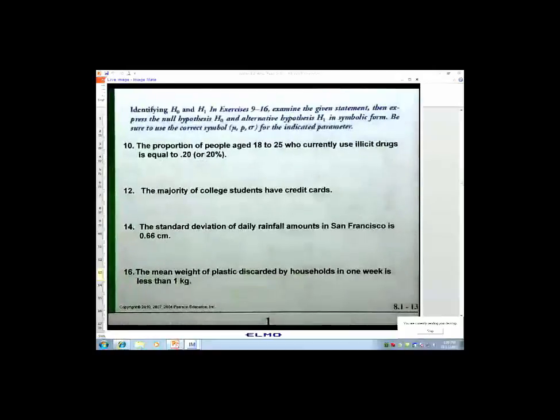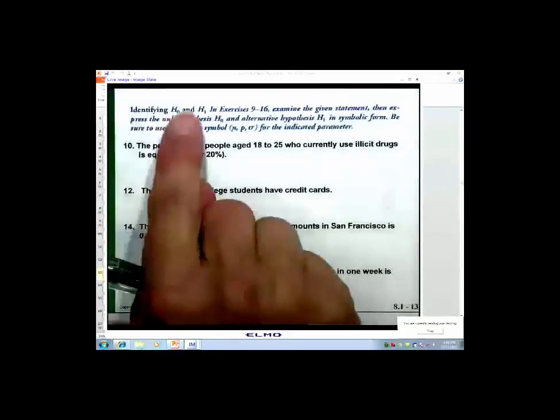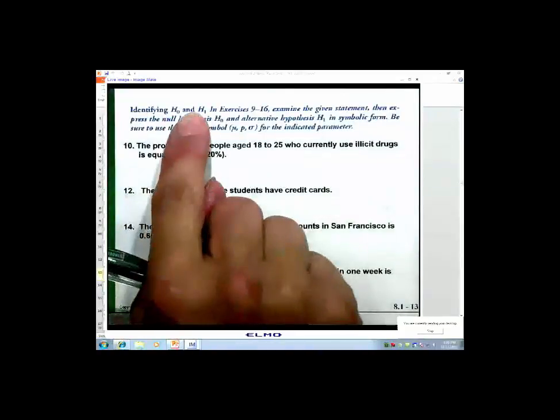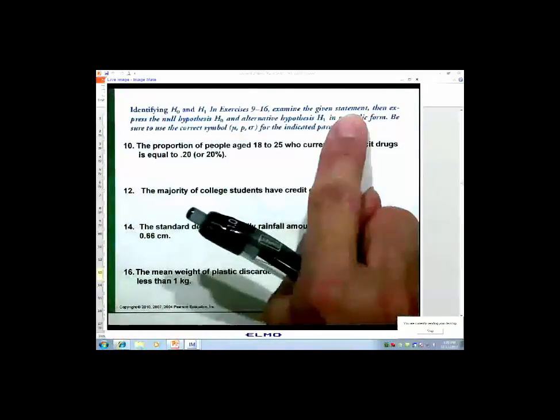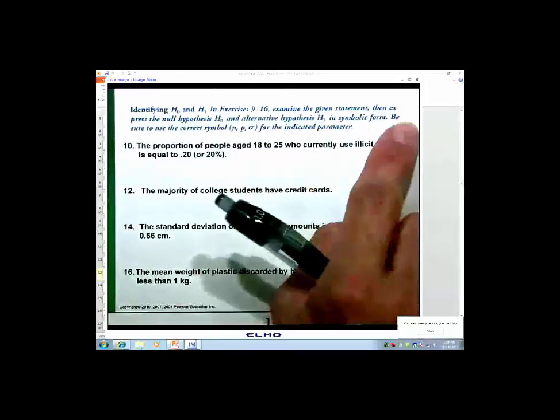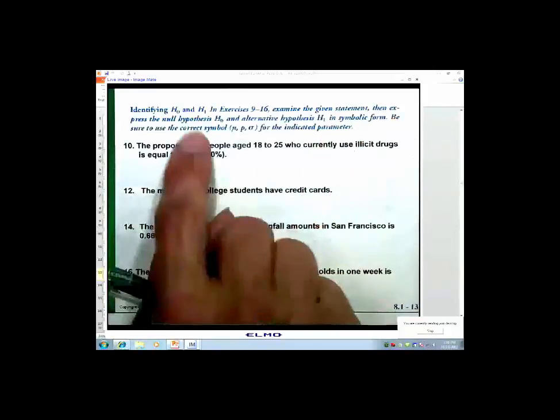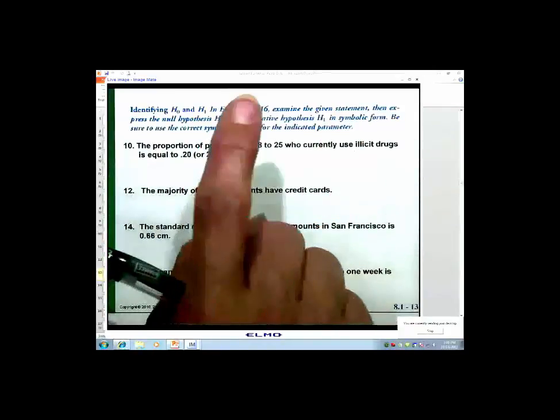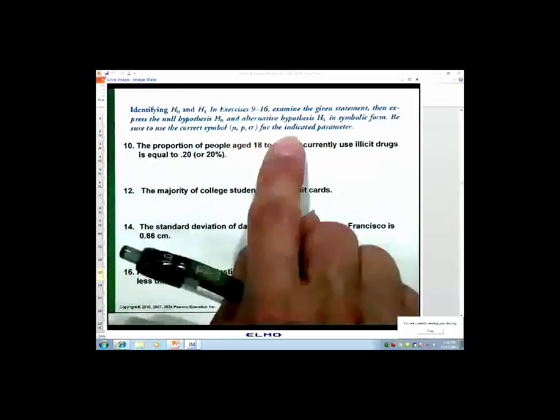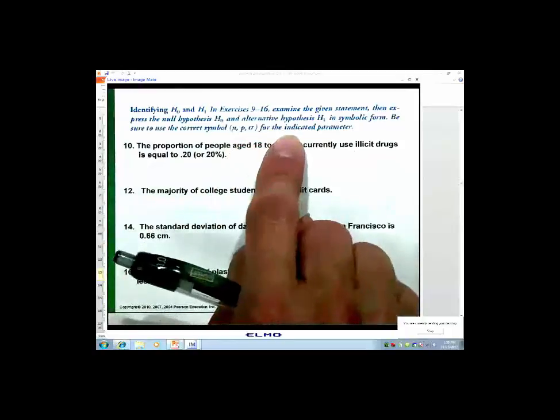Identify the null and alternative hypotheses, examine the given statement, and then express the null hypothesis and the alternative hypothesis in symbol form. Be sure to use the correct symbol, mu, p, or sigma for the indicated parameter. In other words, if you're talking about a proportion, use p. If you're talking about a mean, use mu. If you're talking about a standard deviation, use sigma.